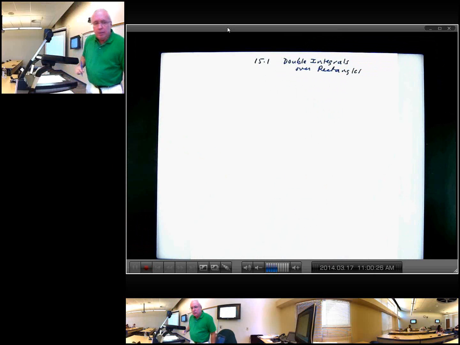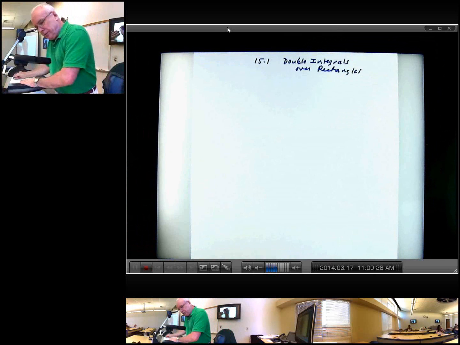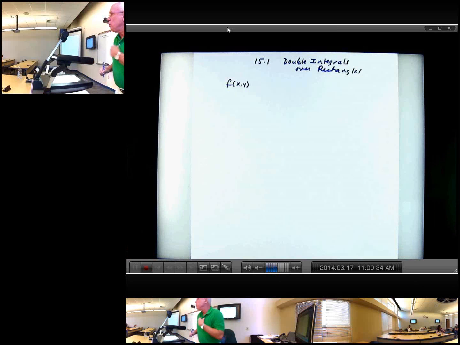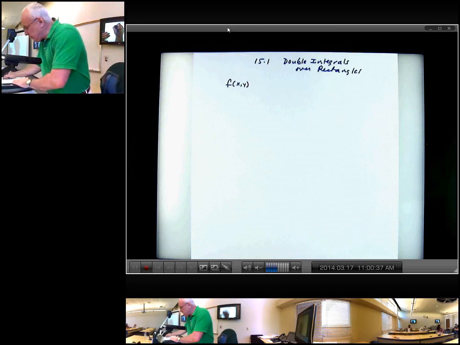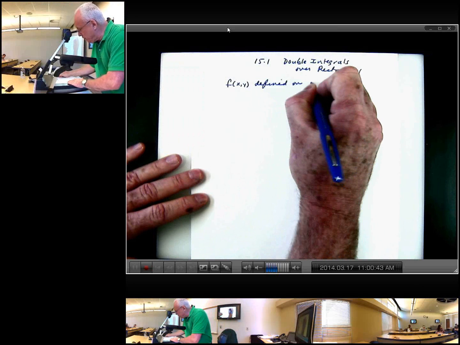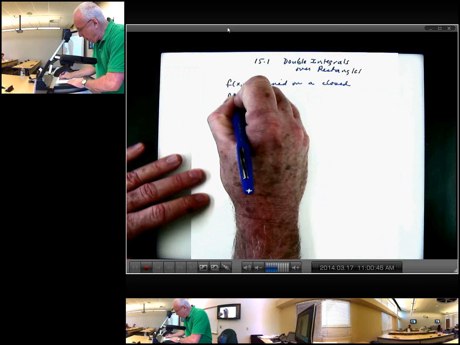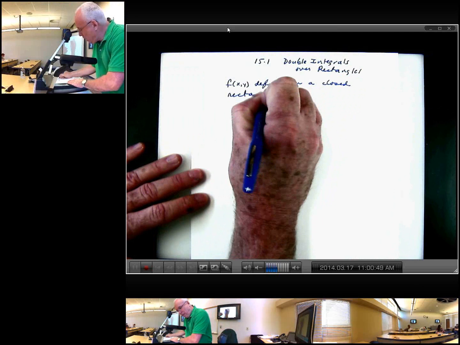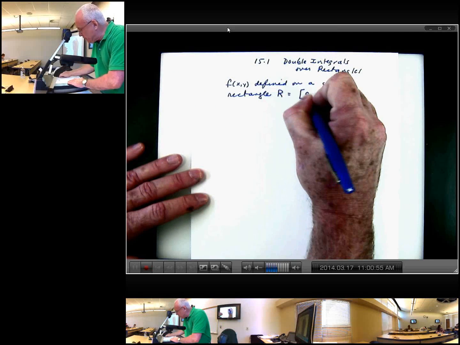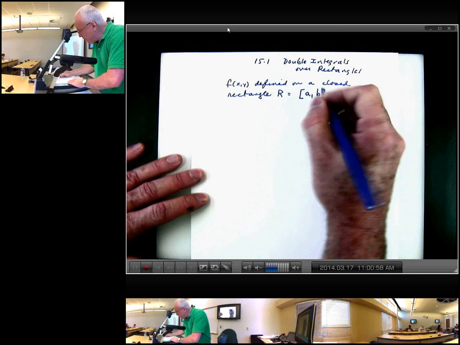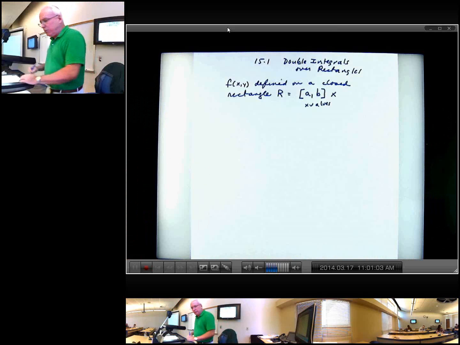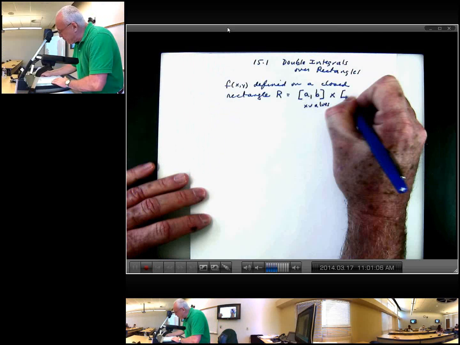Basically we're going to have a function of 2 variables, f of x, y, and we're just going to limit ourselves to functions defined on a closed rectangle, we'll call it R for rectangle. The rectangle consists of x values between a and b, and then we put a cross or times symbol here, and our y values range from c to d.